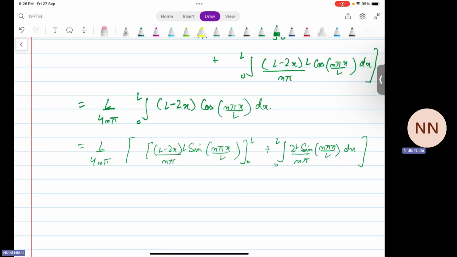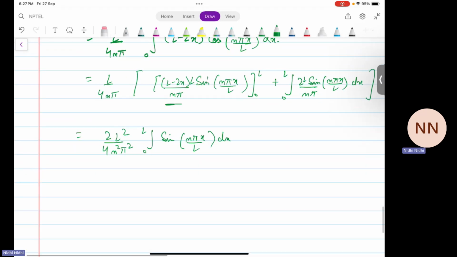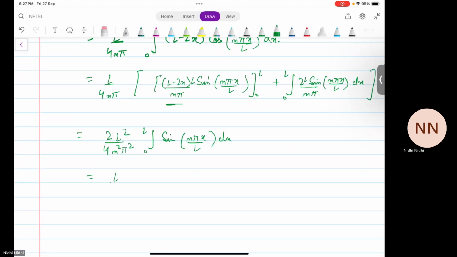Now since sin nπ is 0 and sin 0 is 0, this first term will vanish. So we'll be left with 2L square by 4n square π square times the integration 0 to L of sin(nπx/L) dx, which is nothing but 1/2 times (L by nπ) whole square.